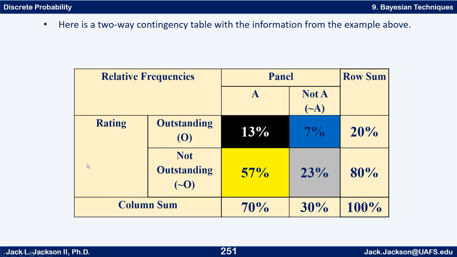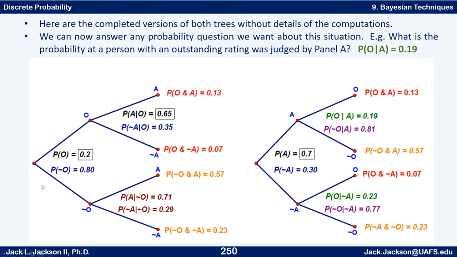And so we have a lot of the same information, not everything, but a lot of the same information given here in this two-way contingency table. What's here and what's not here? Well, if you notice, the four probabilities right here are the same as the four probabilities here.